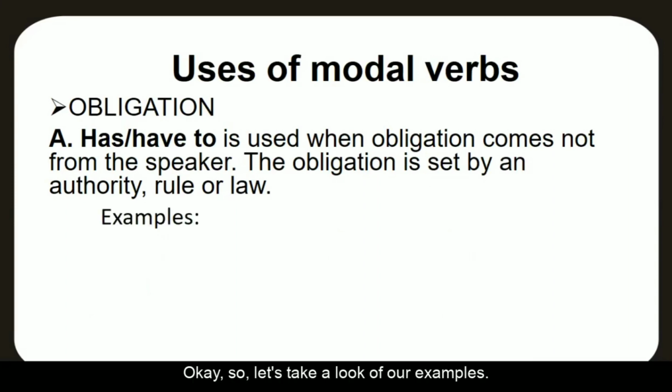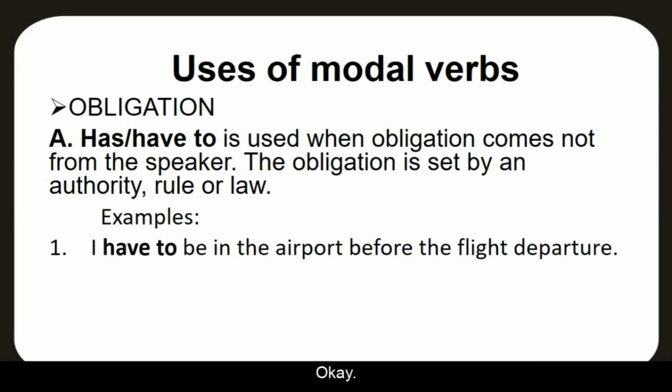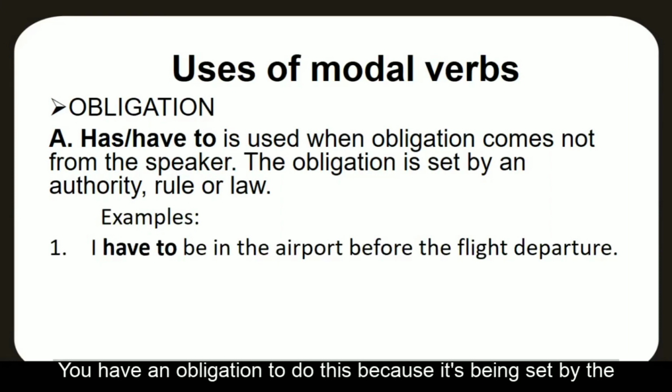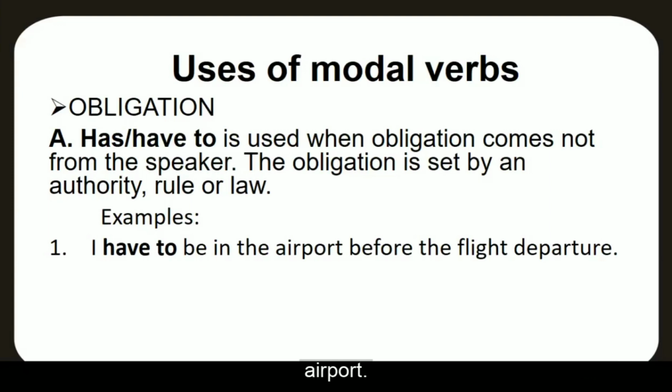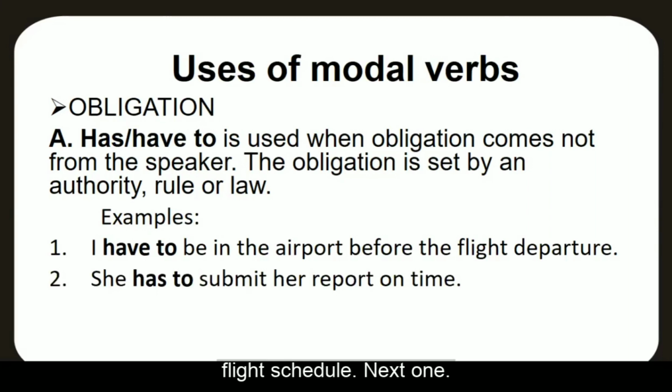Okay, so let's take a look at our examples. I have to be at the airport before the flight departure. You have an obligation to do this because it's being set by the airport. So you have to follow their flight schedule. Next one, she has to submit her report on time.